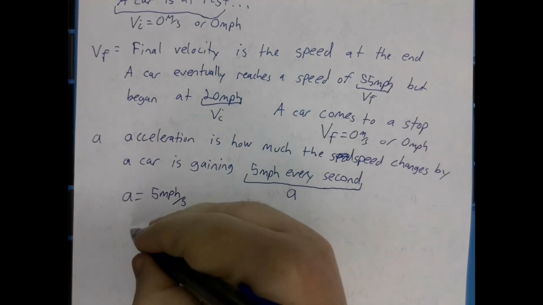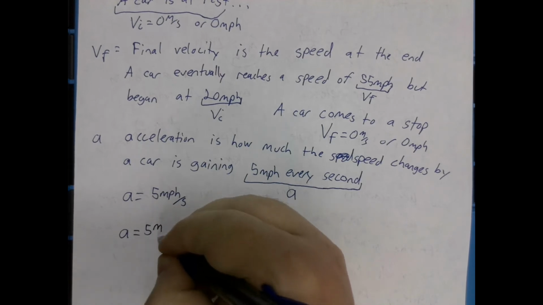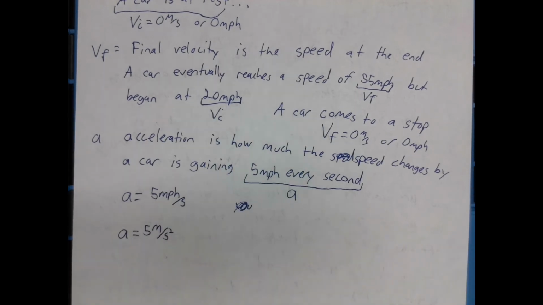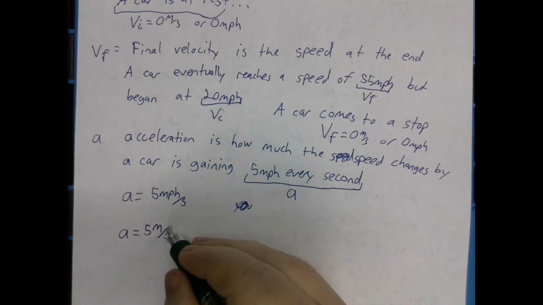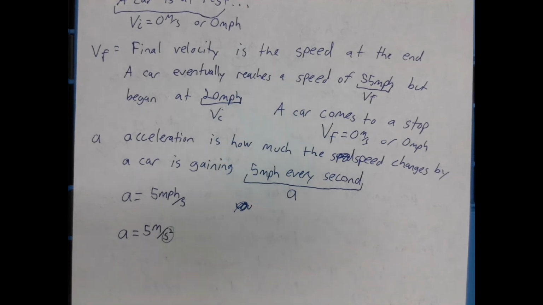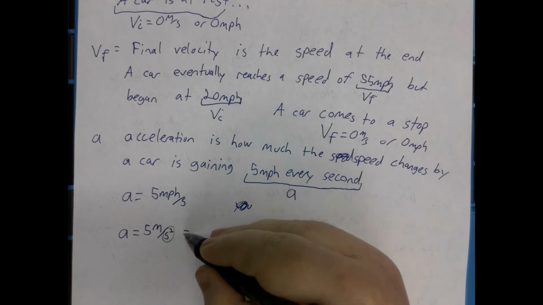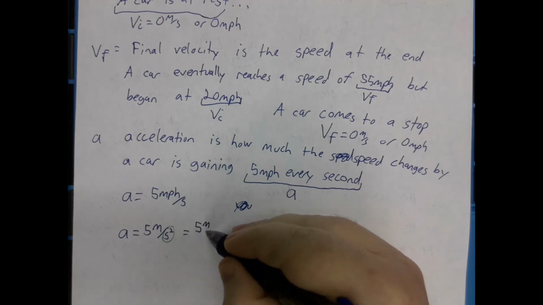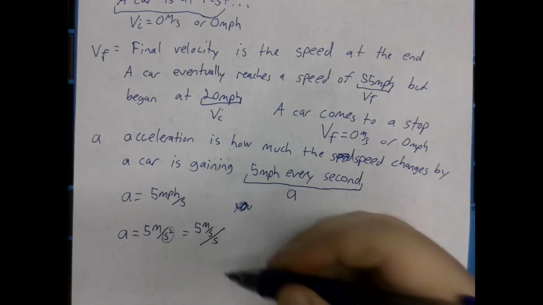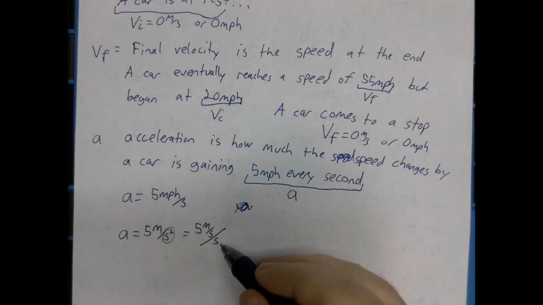So another example, let's say I said A equals 5 meters per second squared. This second squared is the same thing as 5 meters per second per second. You can expand that second squared out.